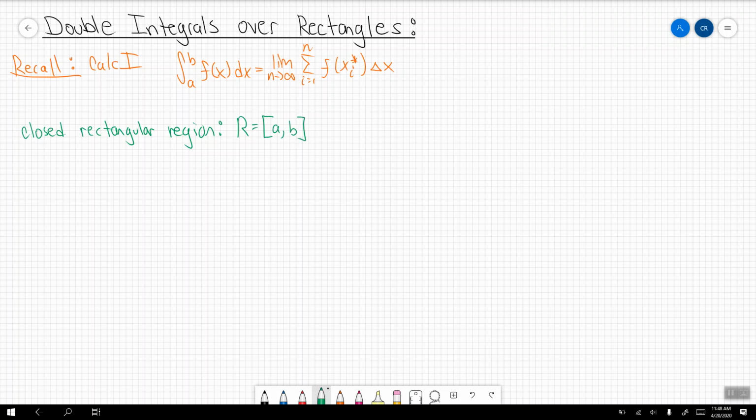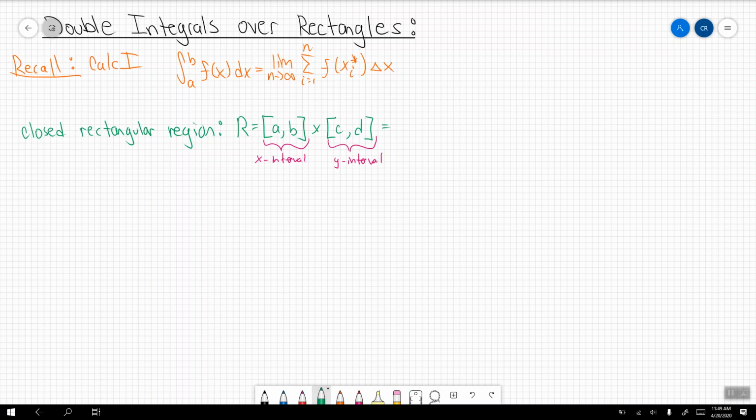The first interval is from a to b, and then we cross it with another interval moving from c to d. This here is your x interval, and this here is your y interval.